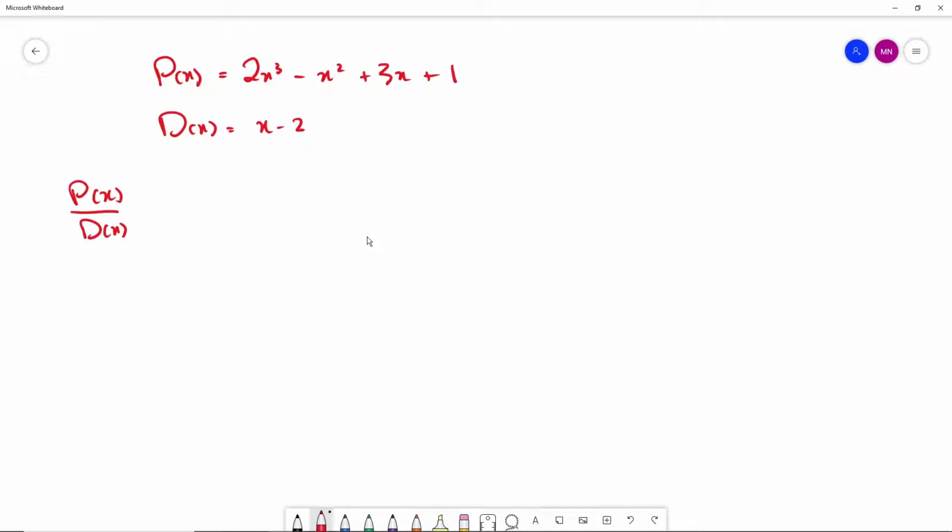The way to do this is to rewrite the operation in this form: x minus 2, and then 2x cubed minus x squared plus 3x plus 1.